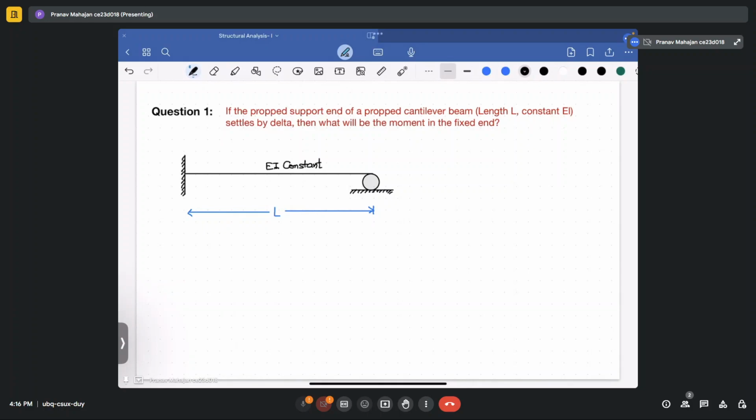So if the support settles by delta, the beam will look like this. Okay. So this is your delta.